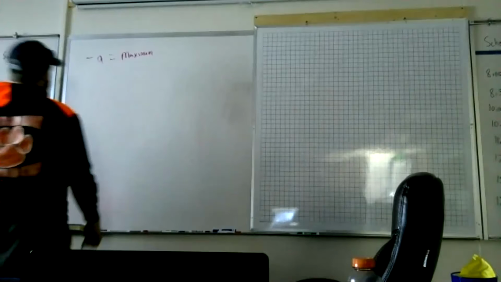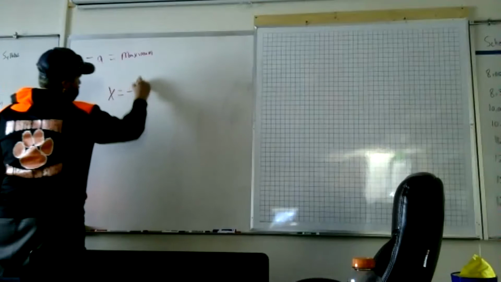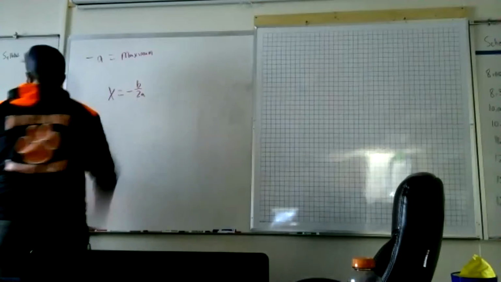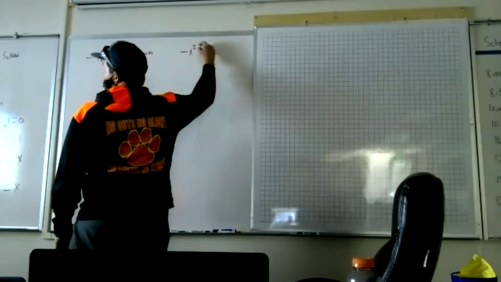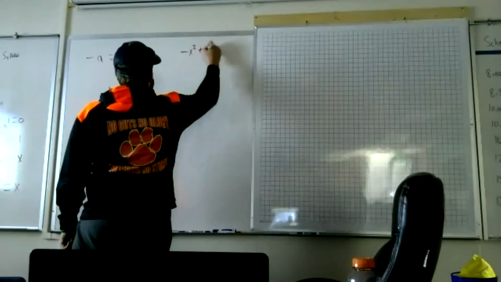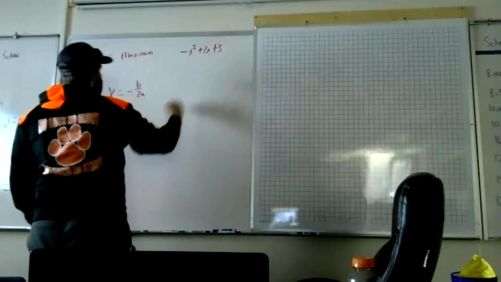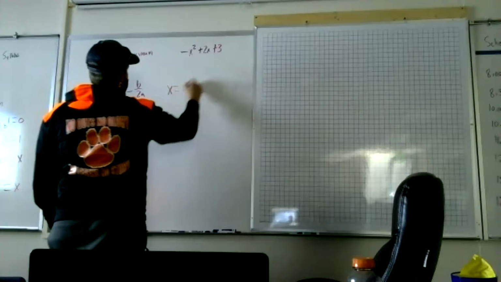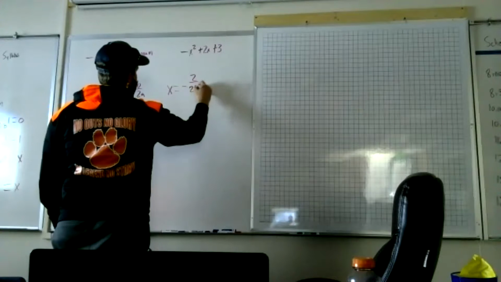To find the x value of the vertex, I run it through x equals negative b over 2a. Our equation was negative x squared plus 2x plus 3. So when I plug those in, x equals negative 2 over 2 times negative 1.